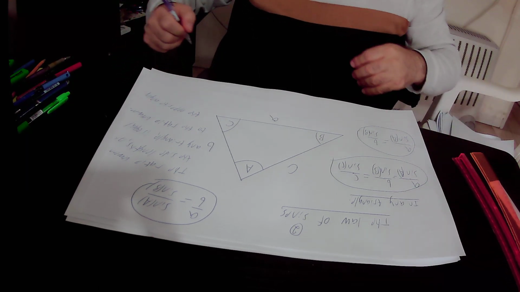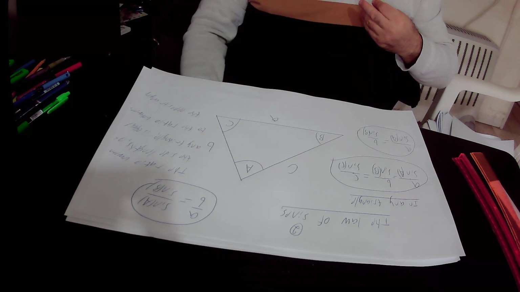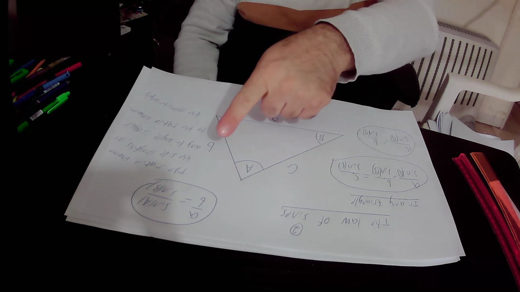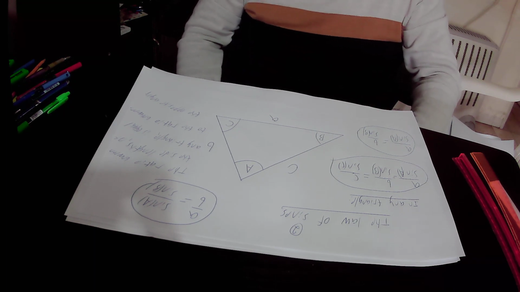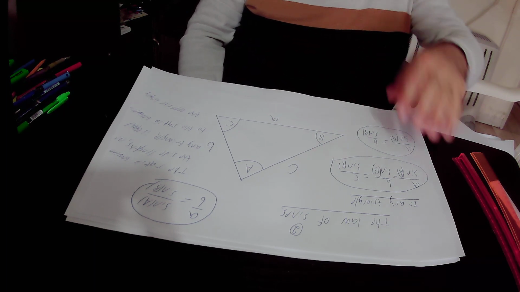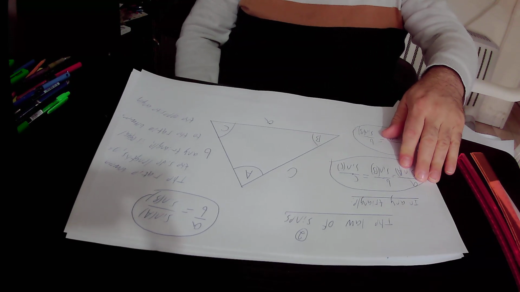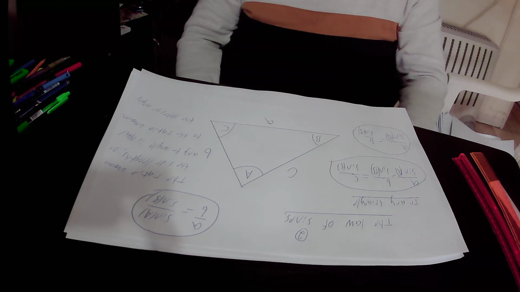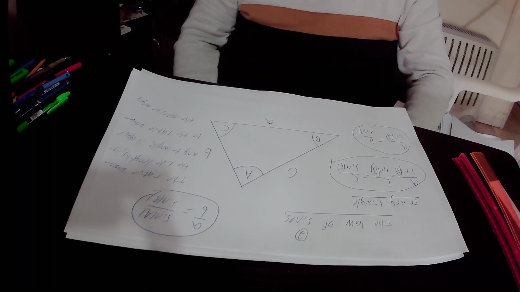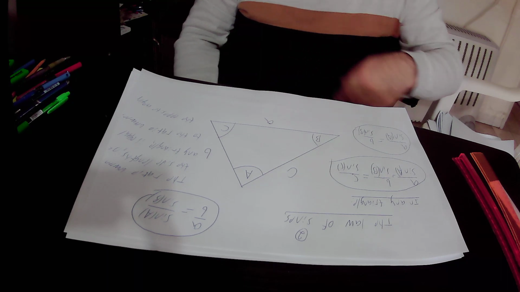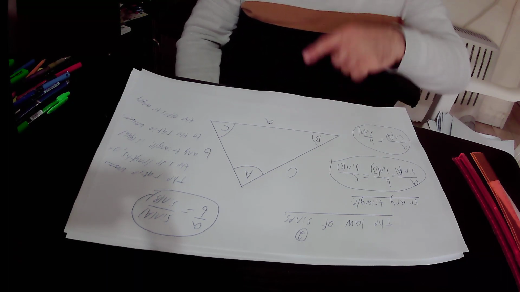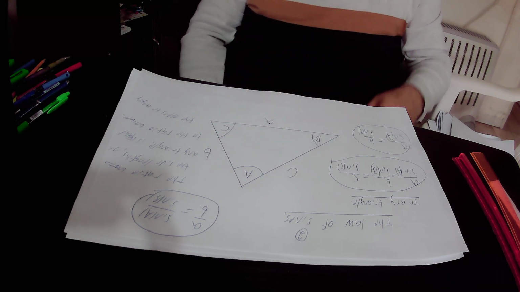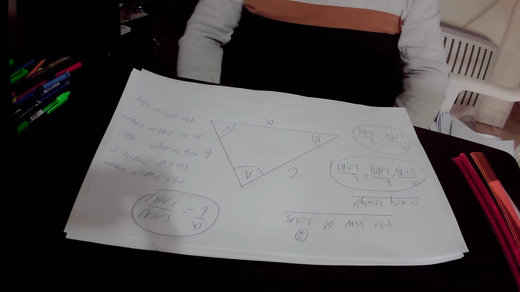So the meaning of the equation that A over B equals sine A over sine B is that the ratio between the side lengths of any triangle, that is to say A over B, is equal to the ratio between the opposite angles, that is to say sine A over sine B. Okay?